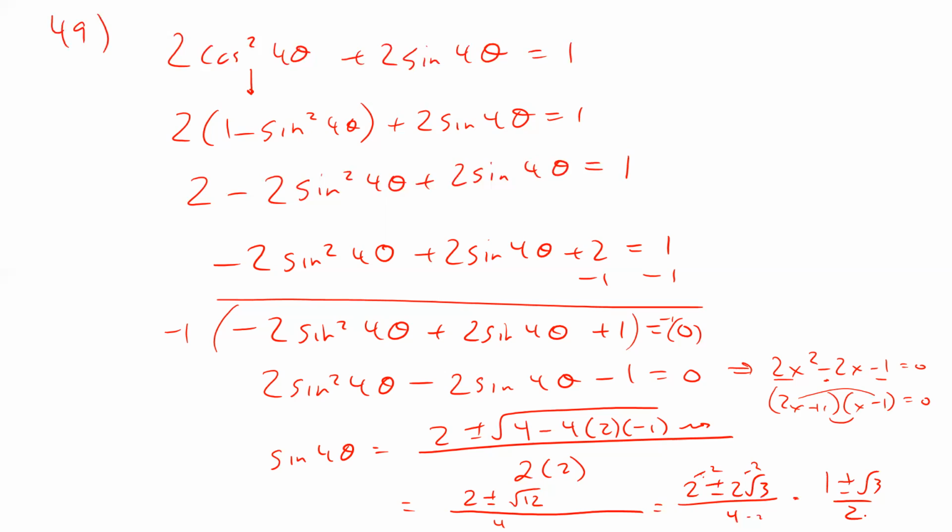Whew. Thank you, Georgia. You're already setting up the calculator. All right. Exactly what I'm going to do. So I got 2 different answers. 1 plus root 3 divided by 2. I need to know an approximation for that. I need to know 1 minus root 3 over 2. I need an approximation for that.